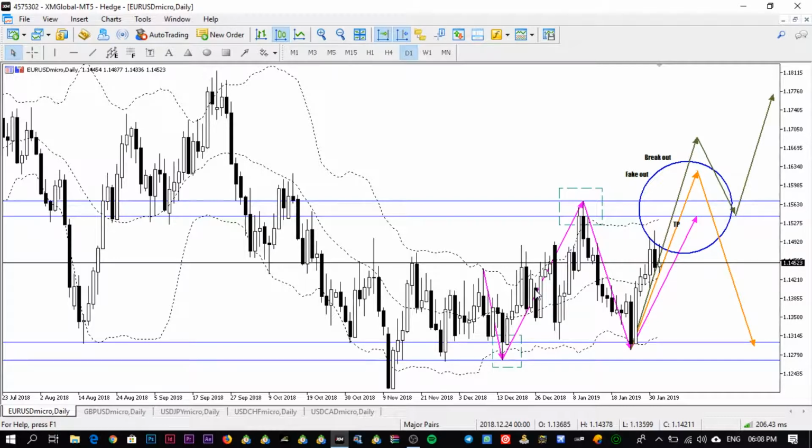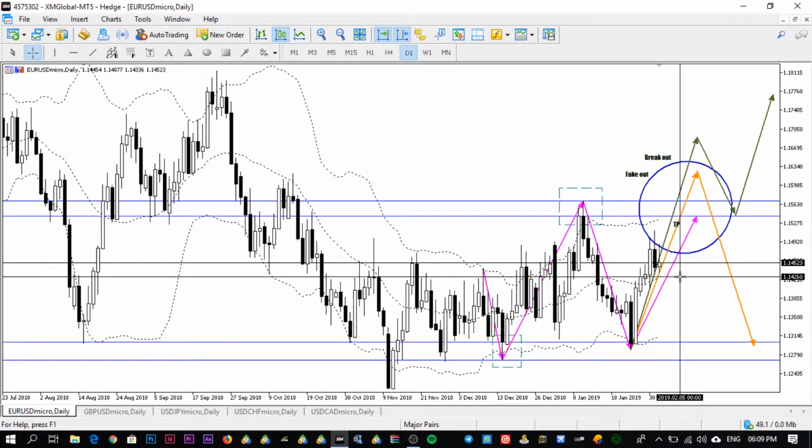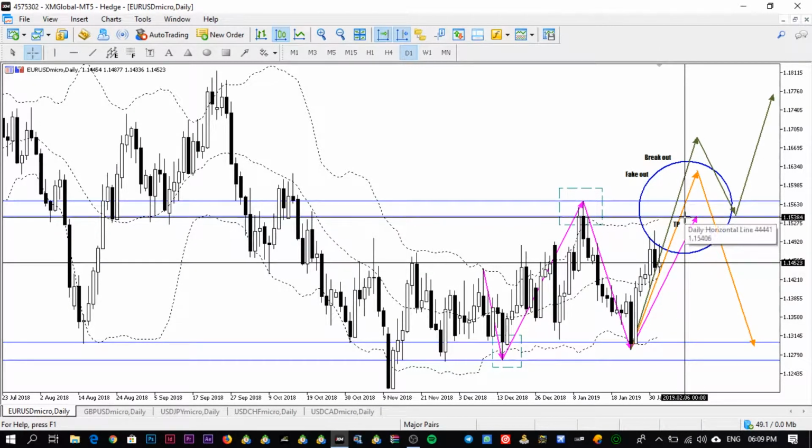So what we're expecting for this week is a push towards the upside, which is the completion of our bounce from our support level at 1.1302, and we're expecting a push right up to TP, where our resistance level is at 1.15406.